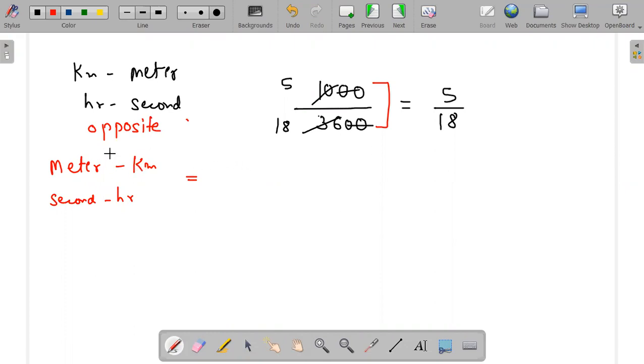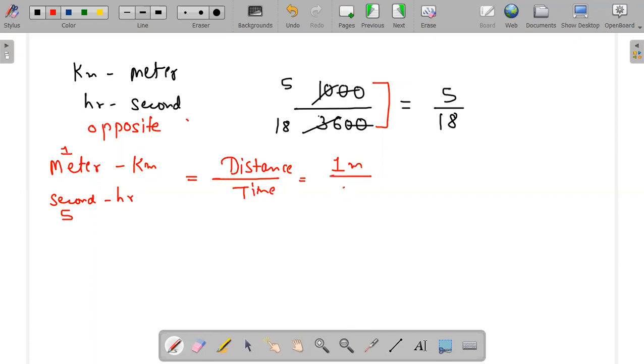Suppose there is 1 meter and there is 5 seconds. Now you have to convert them into kilometer per hour. For converting meter into kilometer, I'm writing distance upon time. What is distance? Distance is 1 meter.